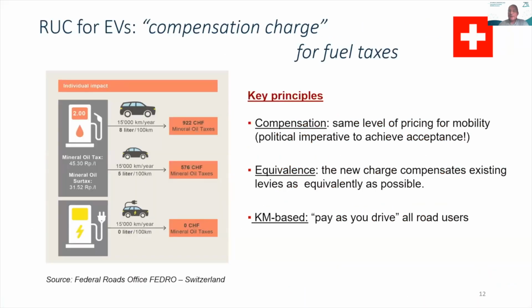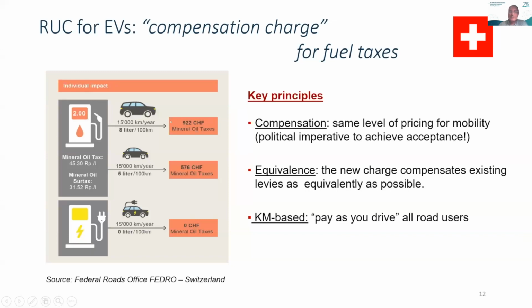How to calculate the compensation now? Here you can see the government took several vehicle categories. Here, for example, are 2 petrol cars. You have an SUV, which is consuming 8 liters per 100, and a normal passenger car, 5 liters.